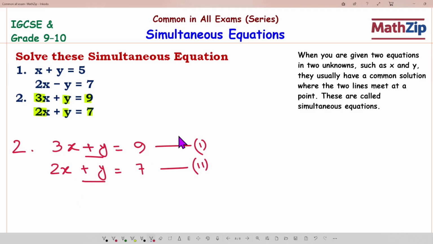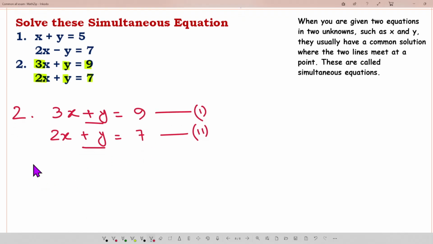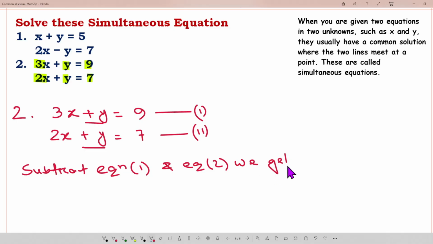In this case, if we subtract equation 2 from equation 1, what will we get?